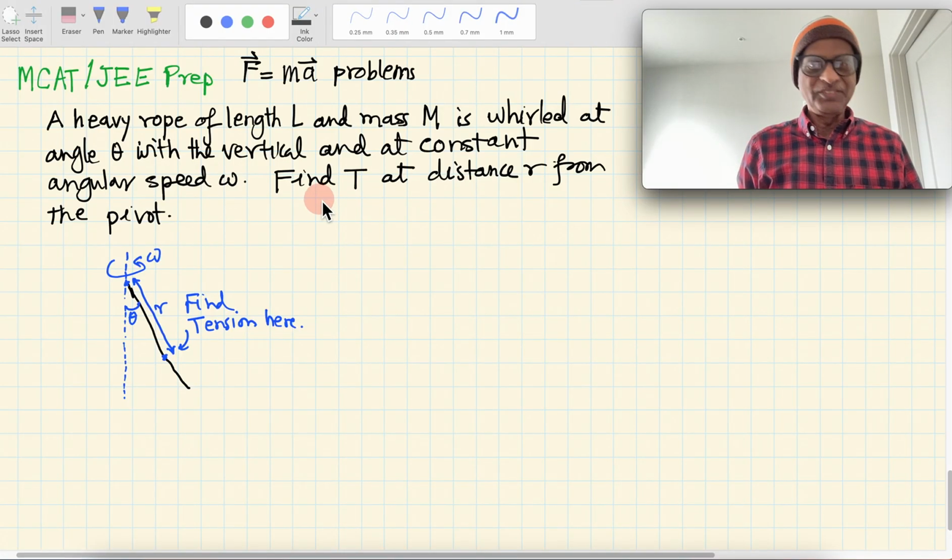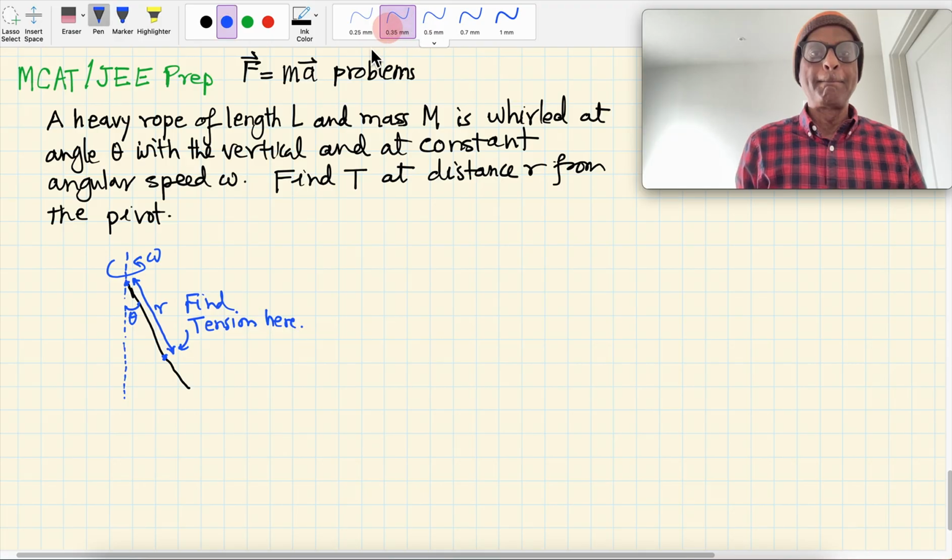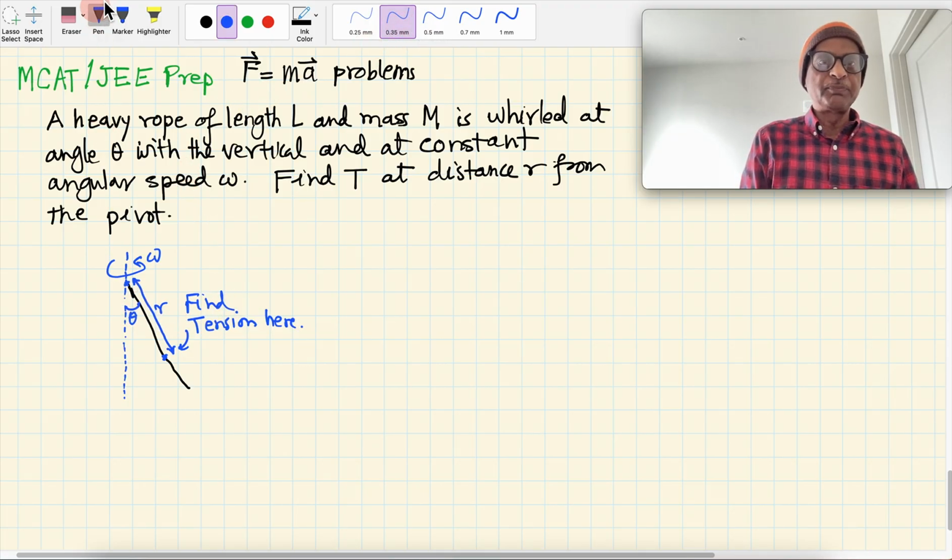So we have a really interesting problem today. It's a heavy rope. So let's see, this black one. This is a rope.